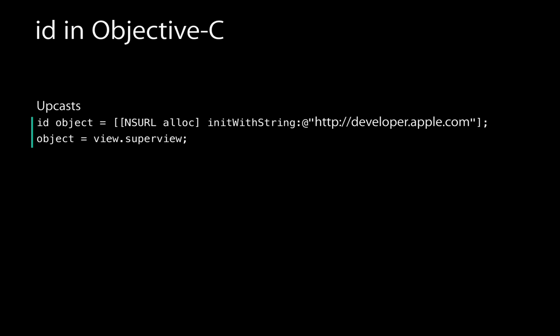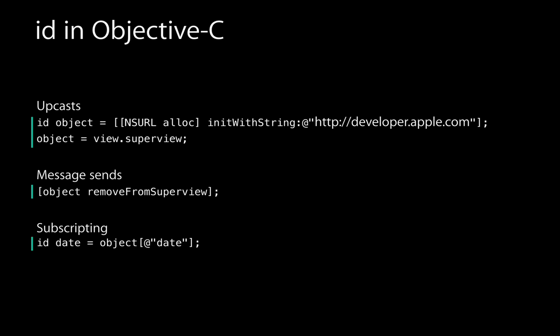You can do upcasting on it. So if I have this variable object of type id, I can put an NSURL into it. Later, I can go reassign it, and I can put a UIView in it. That's perfectly fine. They can both be upcasted, essentially, to id. They're both objects. I can do message sends to id, just by directly doing a message send. I can subscript an id if I really feel like it.